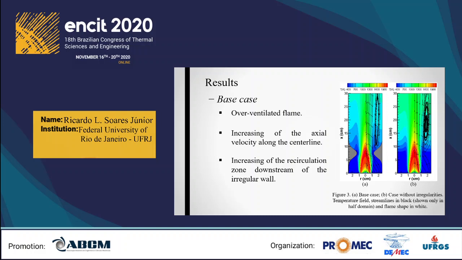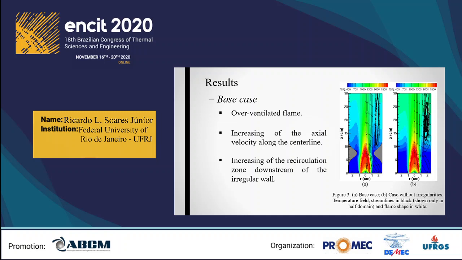For the base case in Figure 3a, immediately upstream of the irregular wall peak, the oxidant-rich flow deflects in the centerline direction, deforming the flame and decreasing flame height, when compared to the case without an irregular wall. This reduction in the flame height is related to the improvement in oxidant transport due to the enhanced convective effects by the irregular wall for the base case.